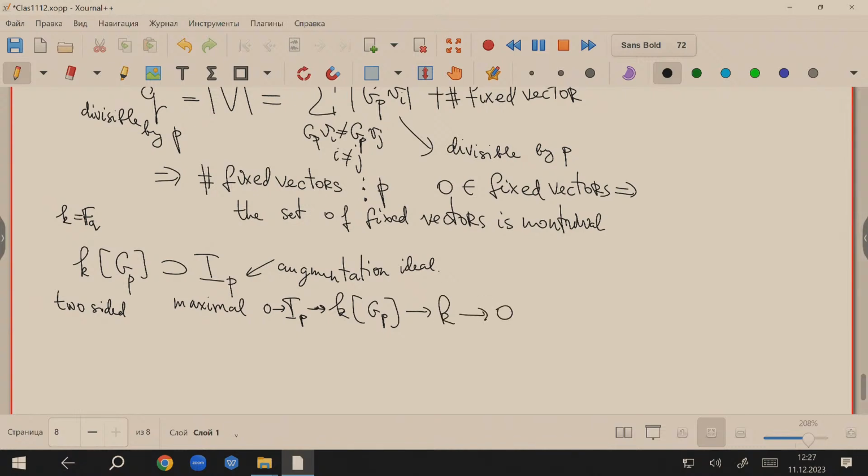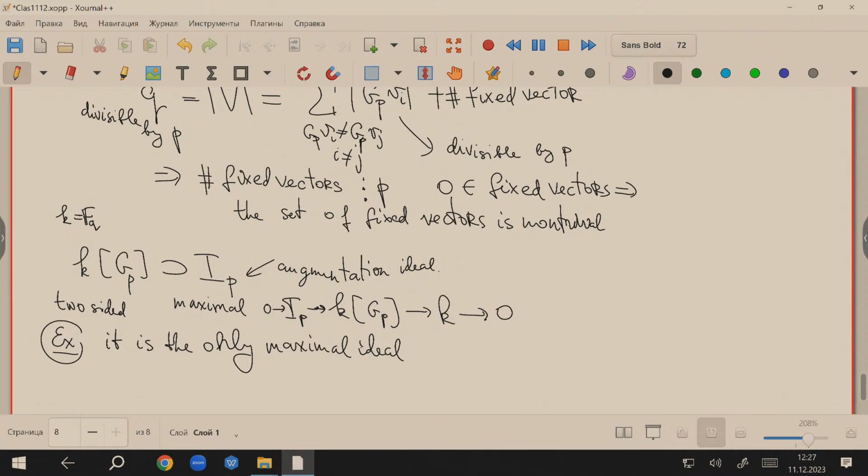And notice, as an exercise, that it is the only maximal ideal. Yeah, and the reason is the following.